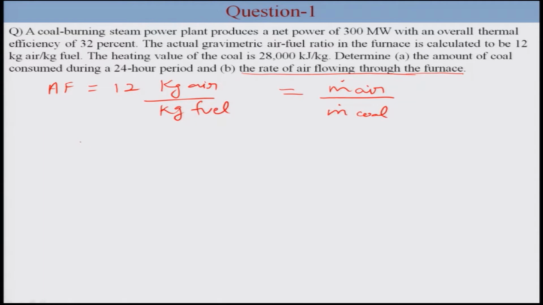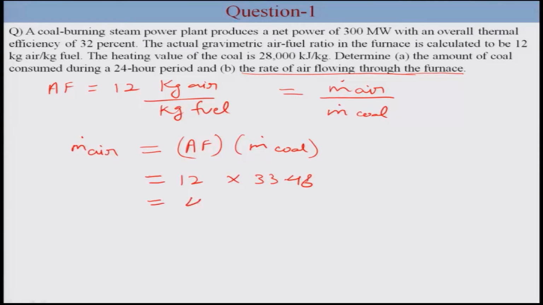From this we can calculate the mass flow rate of air, or the rate of air flowing through the furnace. So m dot air is equal to air fuel ratio multiplied by m dot coal, which we have already calculated in the previous part. So this is equal to 12 multiplied by 33.48, which is equal to 401.8 kg per second.